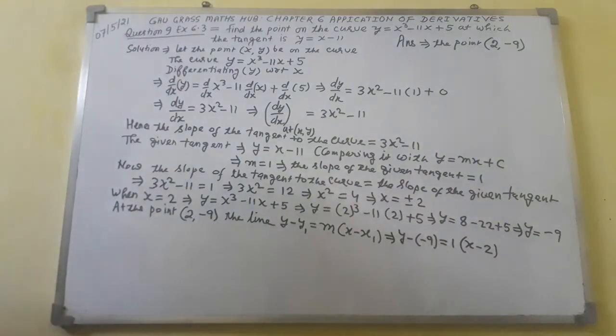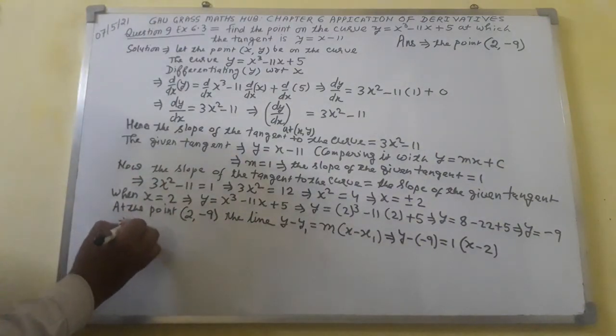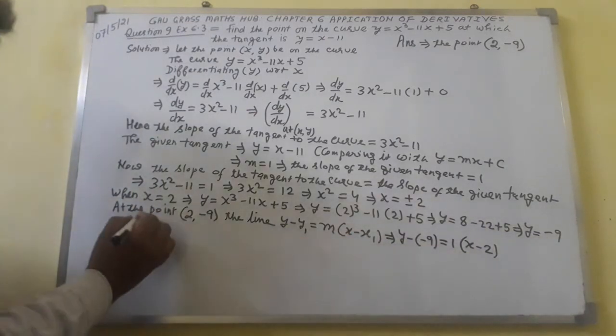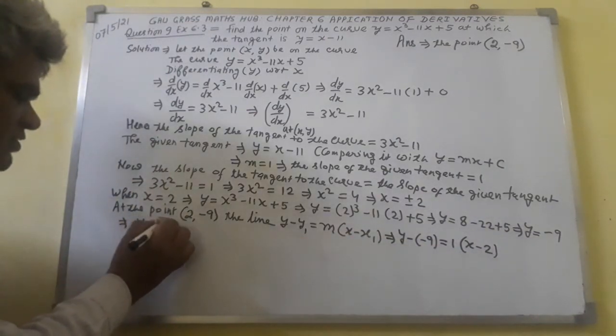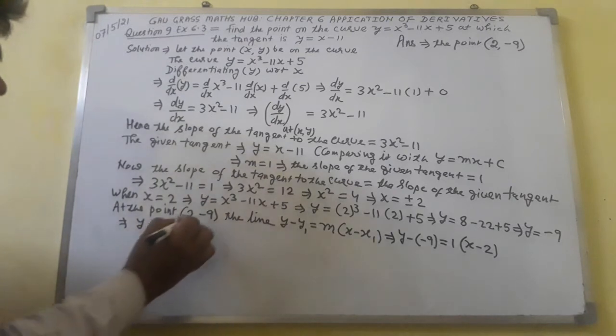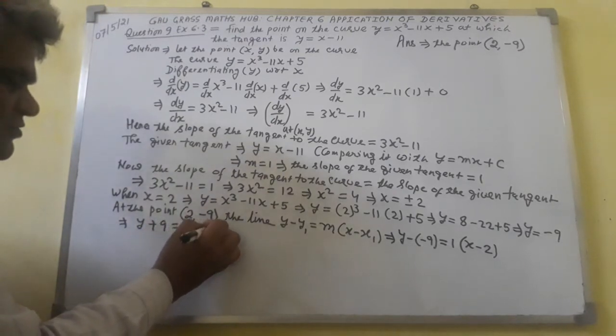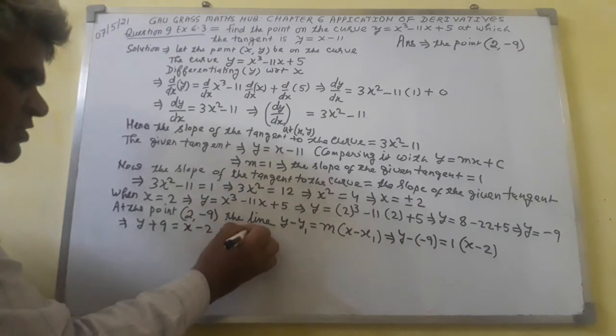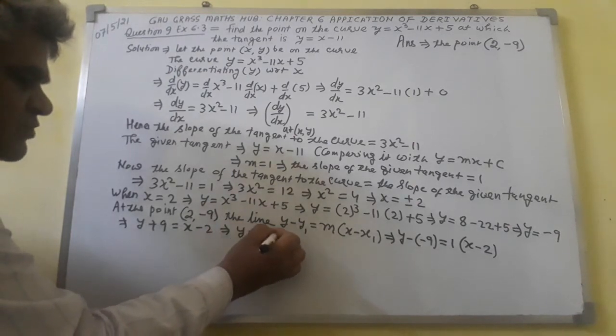So implied that y minus in bracket minus 9 comes out to be y plus 9 equal to x minus 2, implied that y equal to x minus 11.